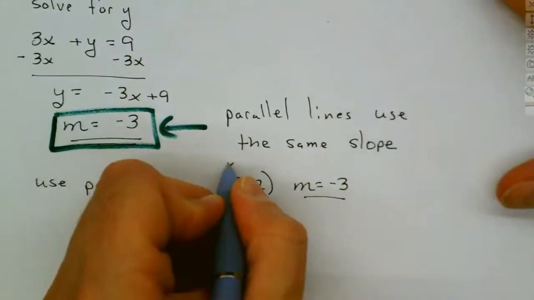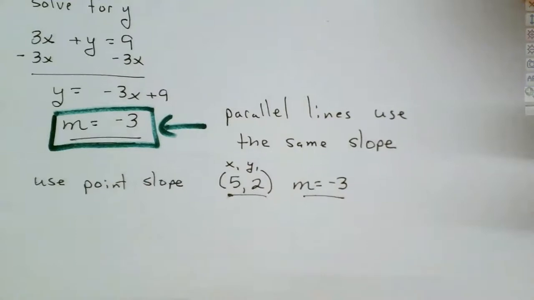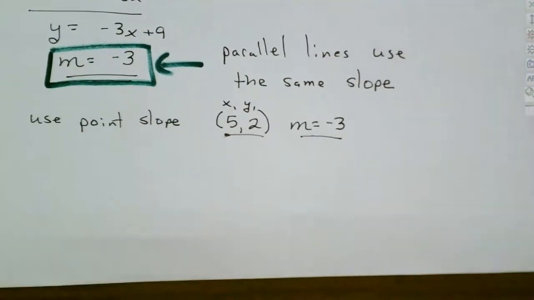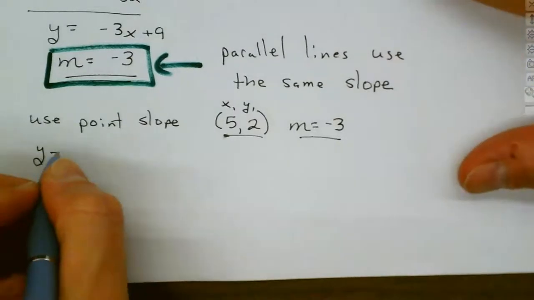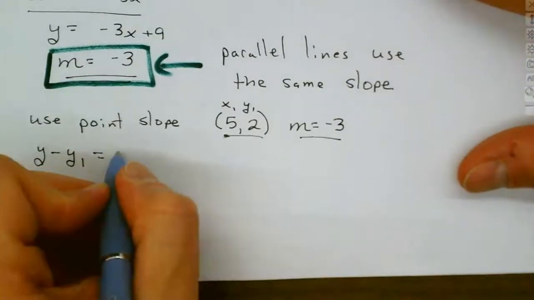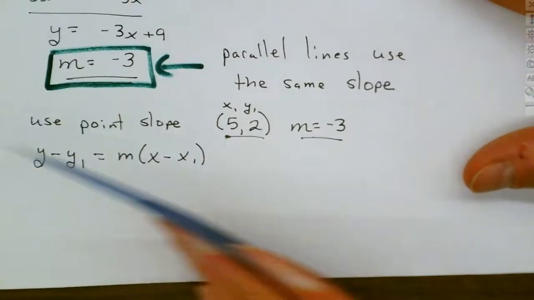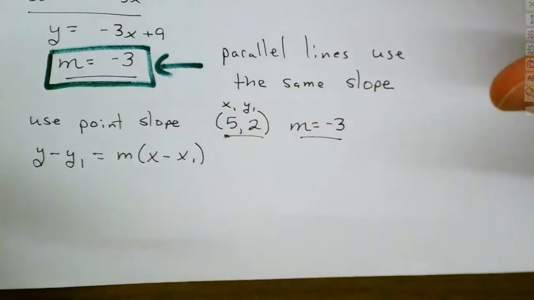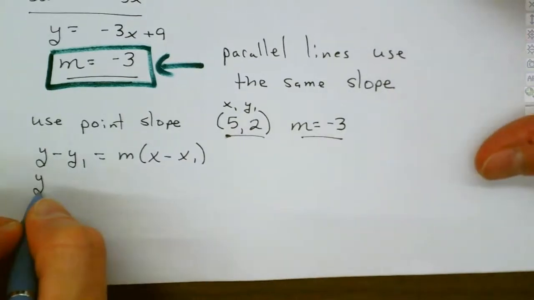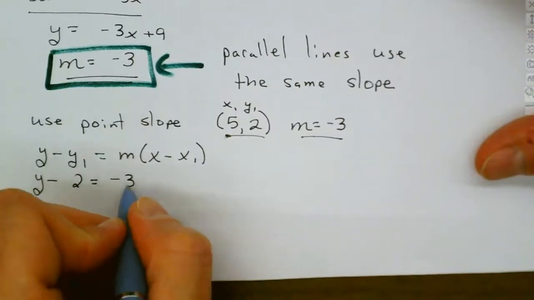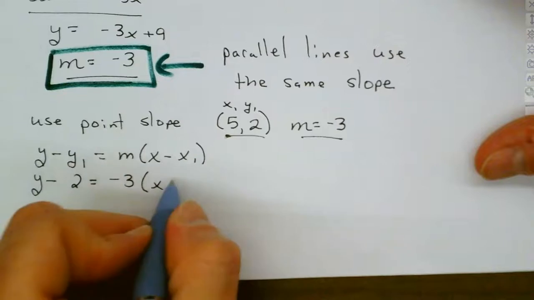And x1, y1. I always like to rewrite our formula, which is y minus y1 equals m times x minus x1. Everything has been labeled. We're now going to go ahead and plug in our values. So that's y minus 2 equals -3 times x minus 5.